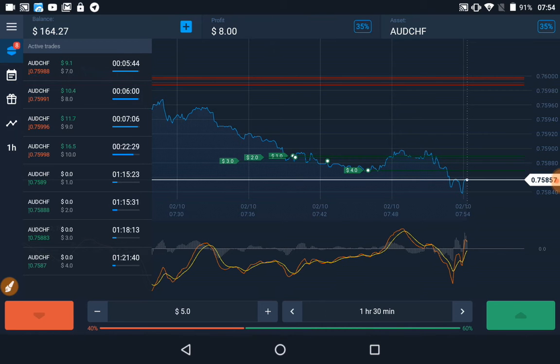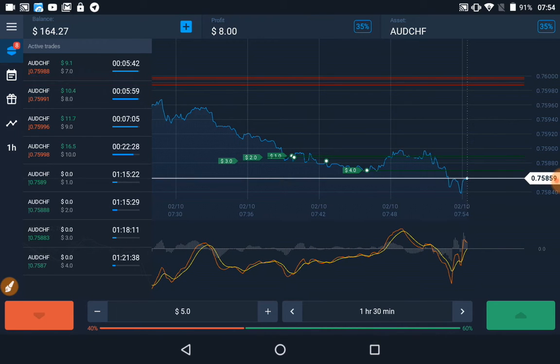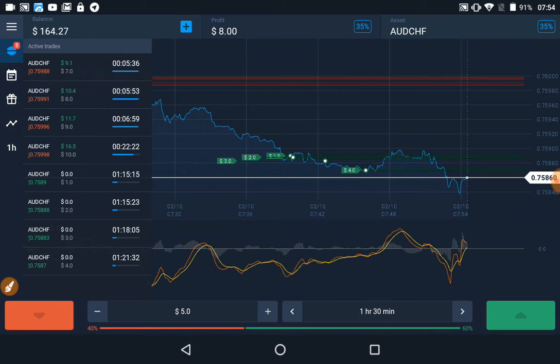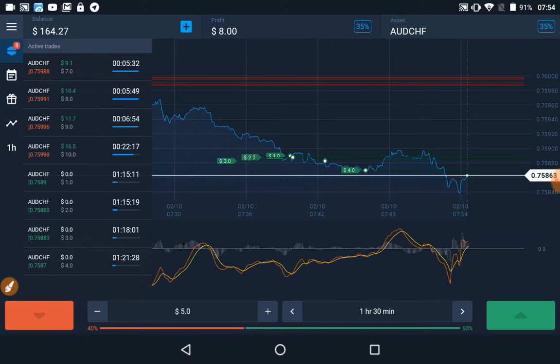It's just the direction that matters. So getting three bets where the price goes 1% in your favor is better than getting one bet where the price goes 10-20% in your favor, because you don't get any additional profit because of that.